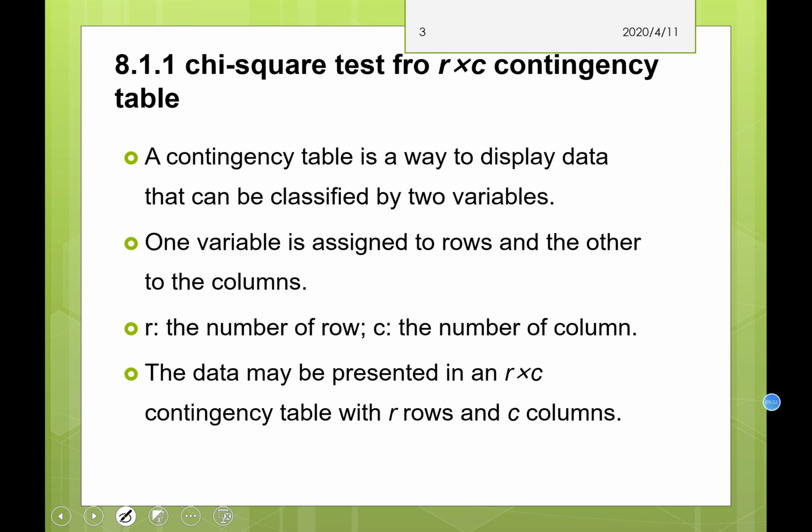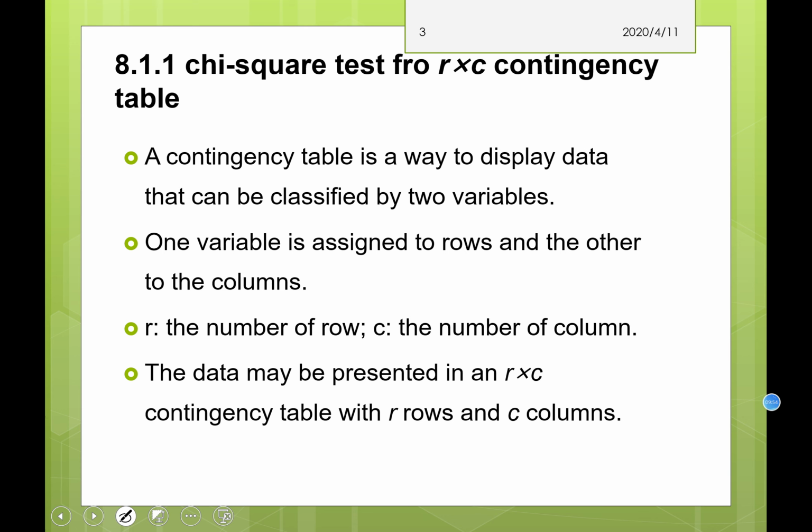But please notice that R means the row, and we said that most often we use the grouping variable as the row. So if you have two groups in this table, you will have two rows. But don't forget the total.